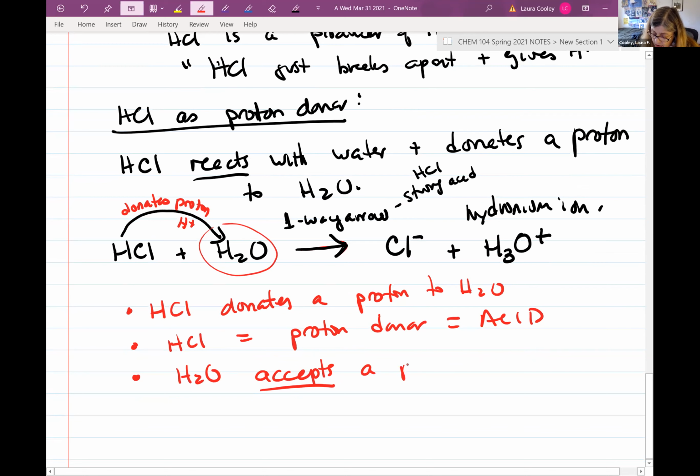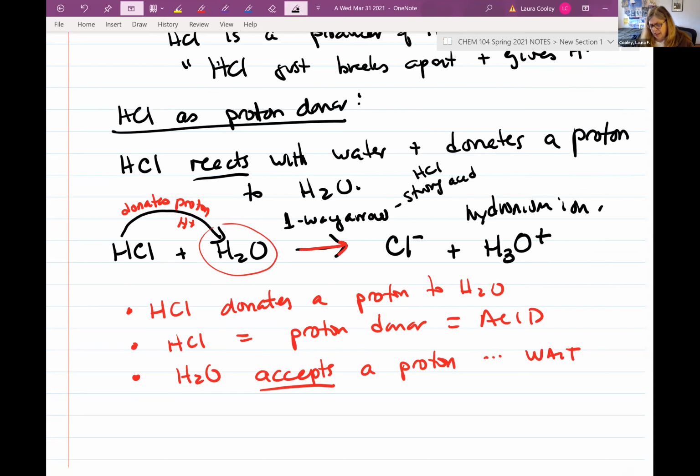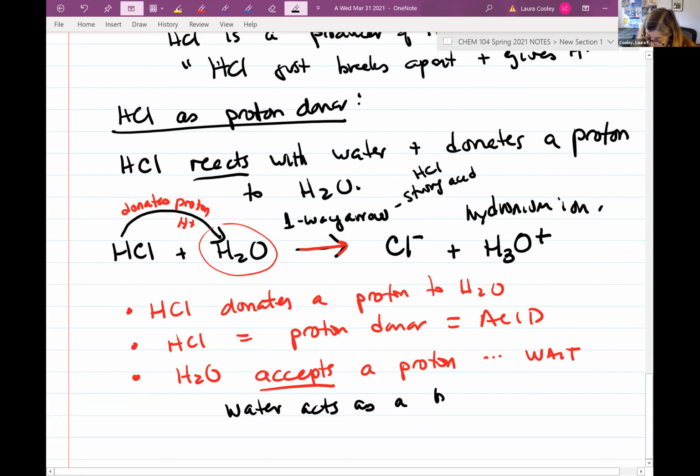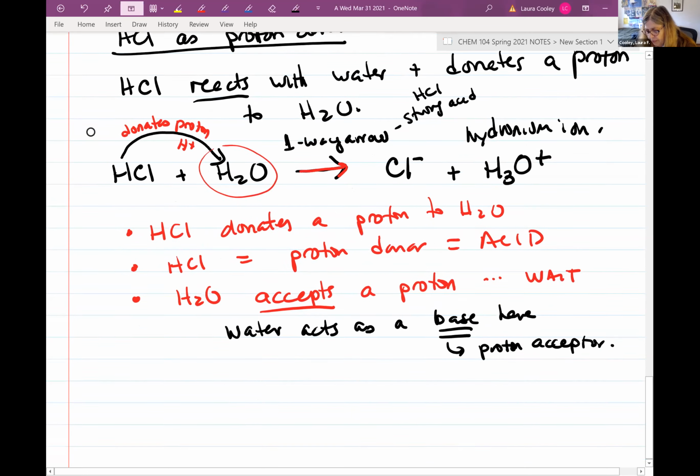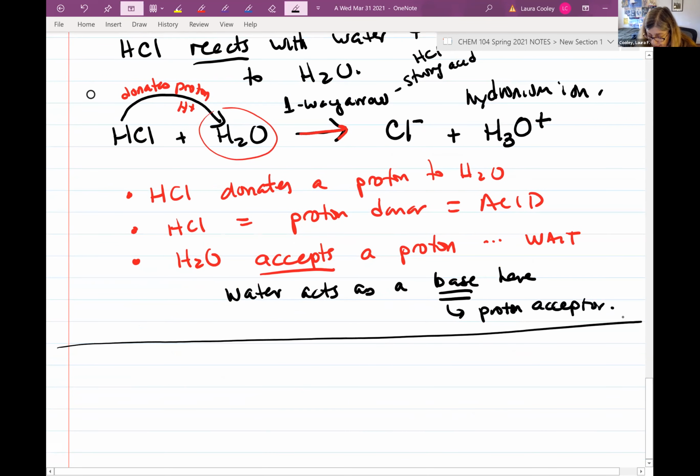Wait a minute. If water is accepting a proton, then what is it in this reaction? A base. So water acts as a base here because it is a proton acceptor. Now I'm going to leave that for the minute. We're going to come back to that.